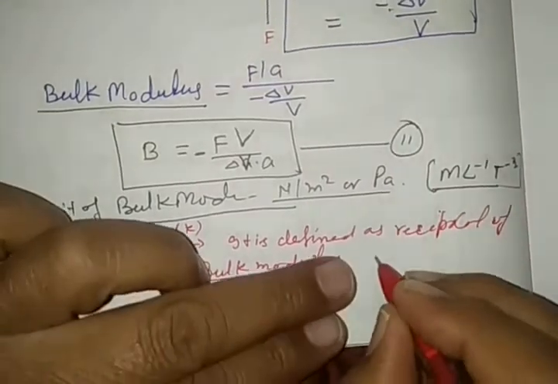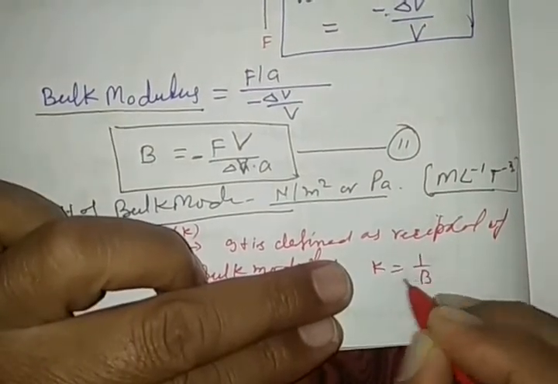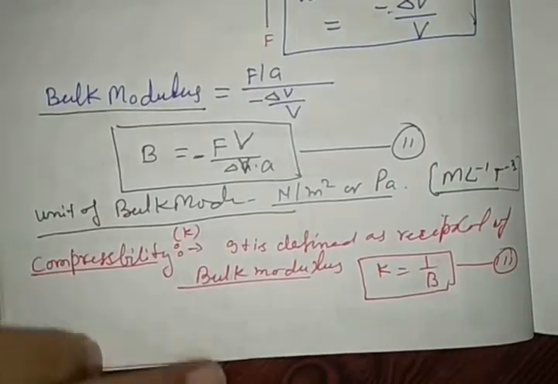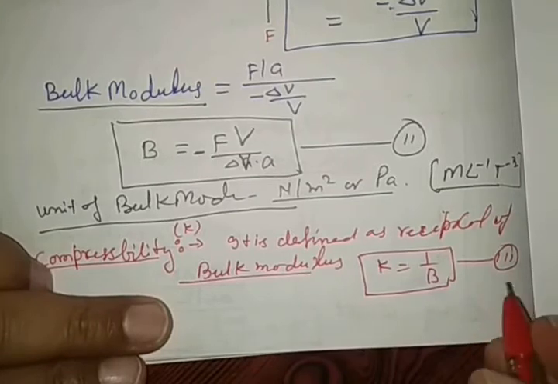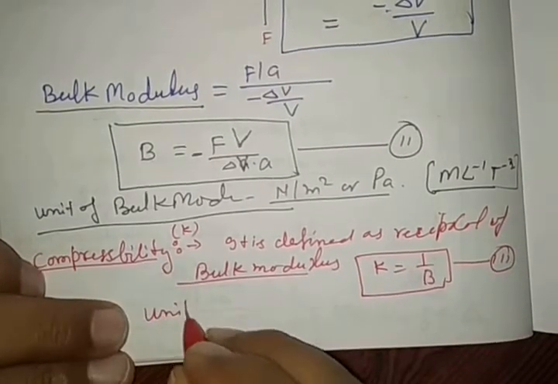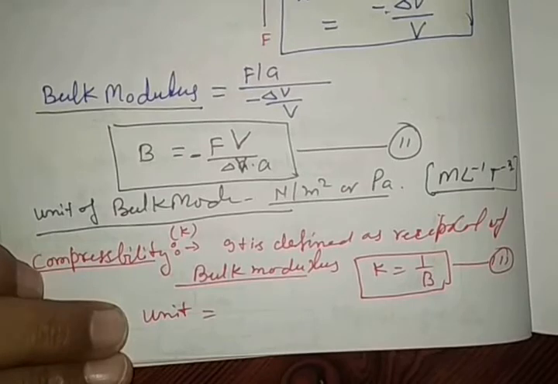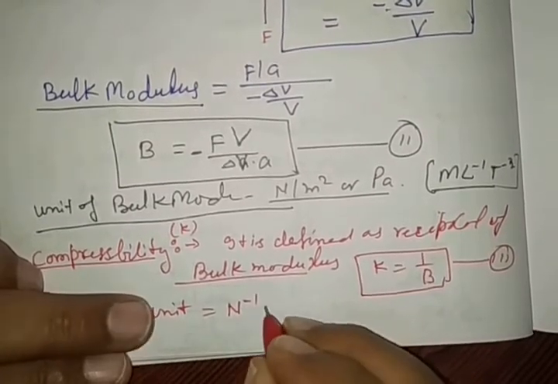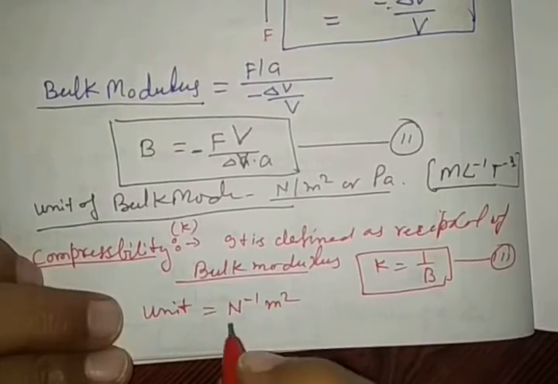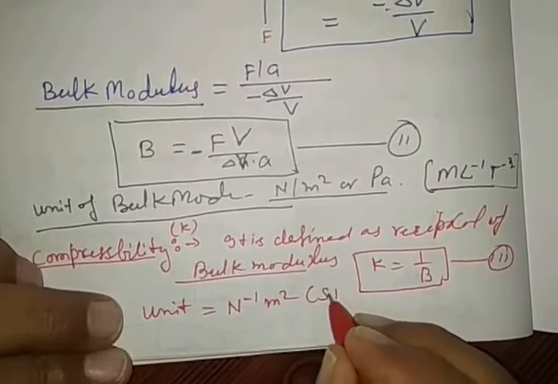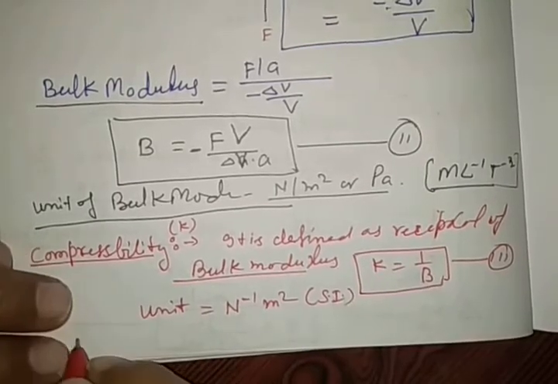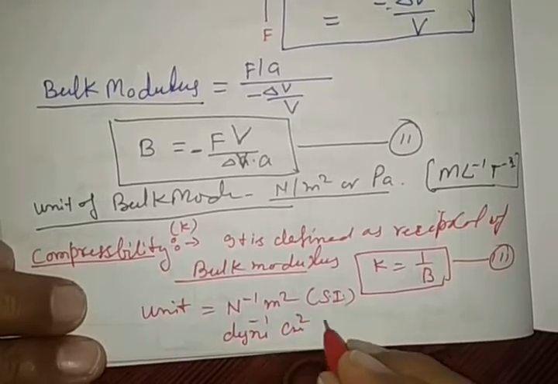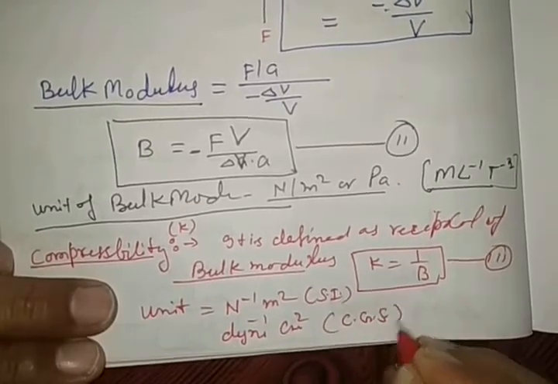The mathematical definition is k is equal to 1 by K, see in equation number 3. This is compressibility, and when we see the unit of compressibility, it is Newton inverse meter square in the SI system or MKS system. In the CGS system, it is dyne inverse centimeter square.